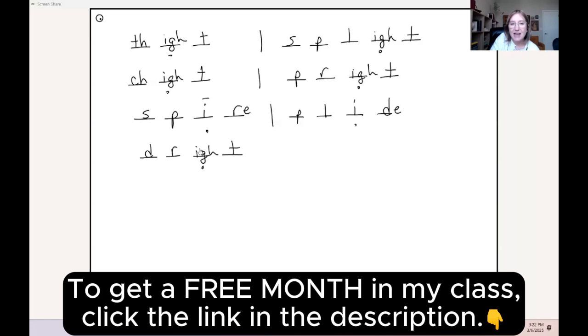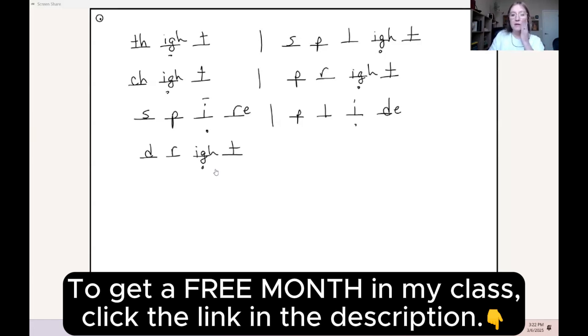Why does the I say I? I don't know, but it was taken from an Old English, ancient spelling of words that we still have just kind of used today. IGH and EIGH, those come from Old English, old language, and we just still use them.